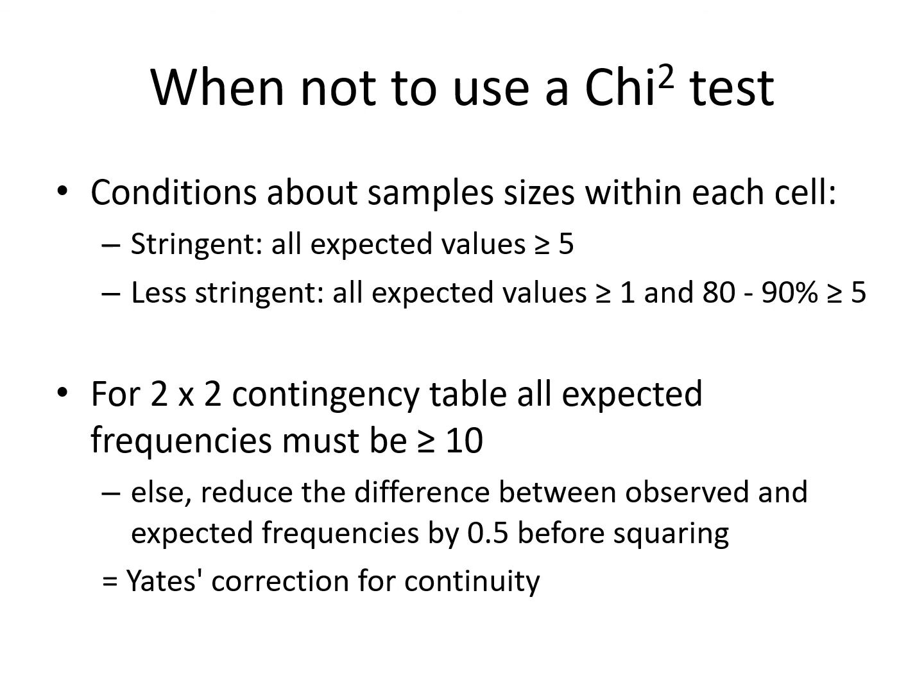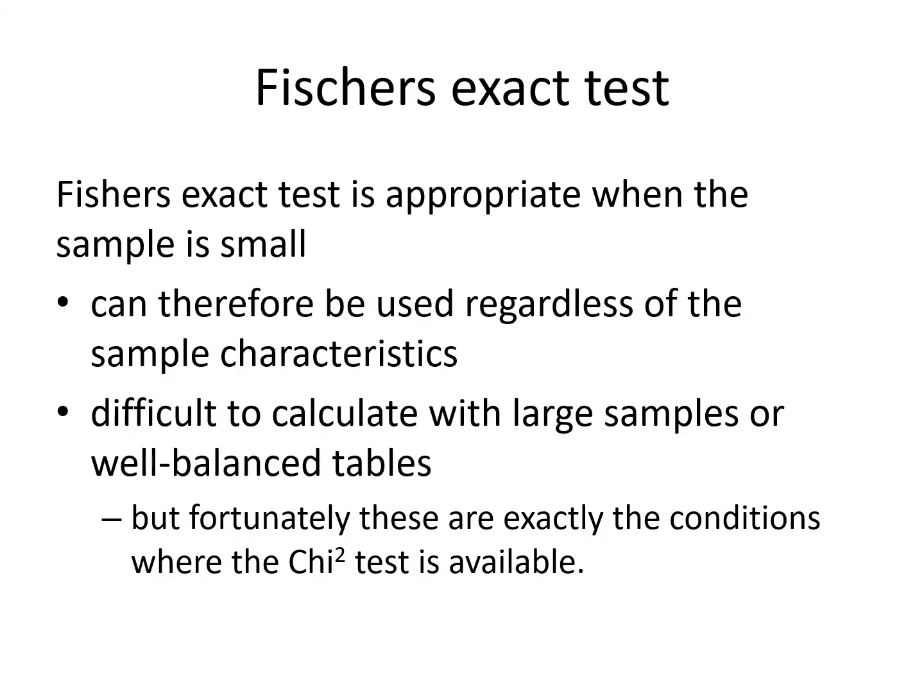The other option here is if your sample size is very small, then you can use a Fisher's exact test. And essentially, this is a version of the chi-squared test that's appropriate when you've got very low numbers of observations. However, for your analyses, I think the chi-squared test is going to work well.